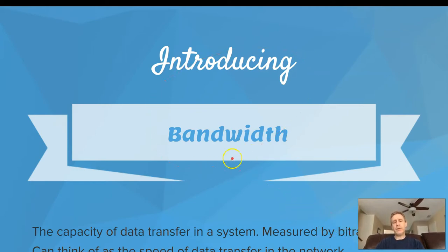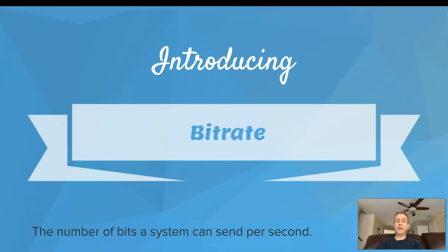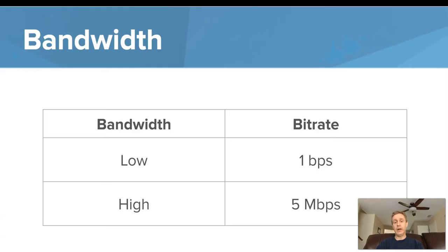And bandwidth you can ultimately think of as just the speed of data transfer in your network. So how much actual data can be transferred through your particular system. And bit rate is measured as the number of bits in a system that it can send per second. So if we're dealing with that 1 bit per second, that would be our bit rate that I used in my example.